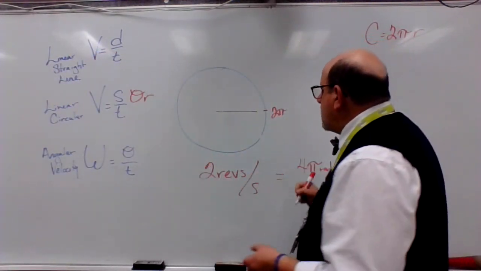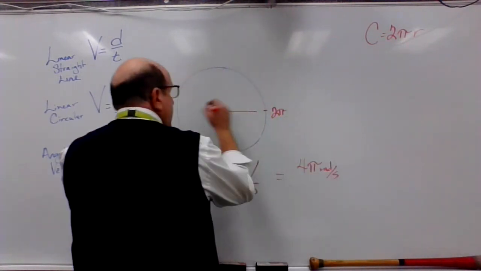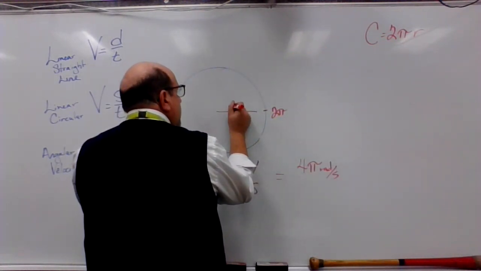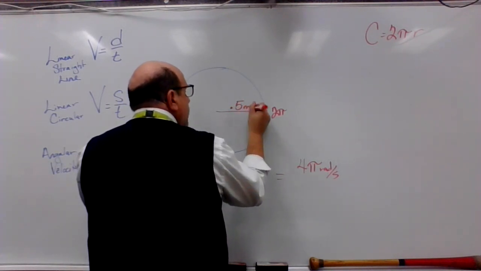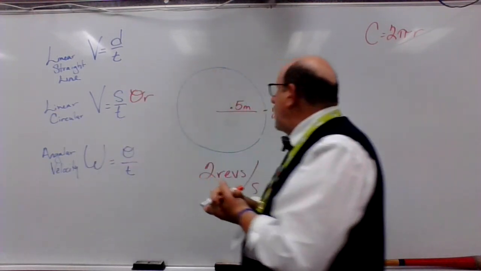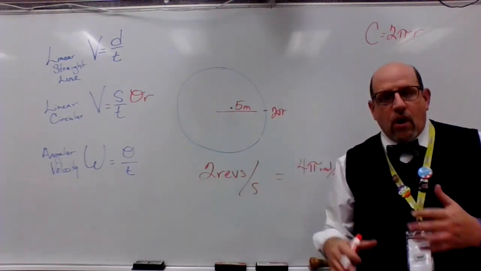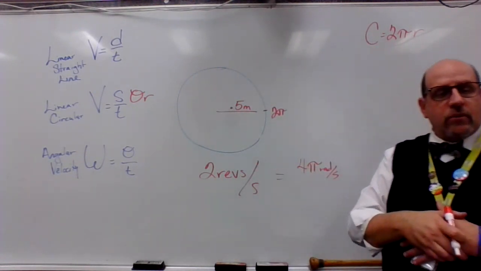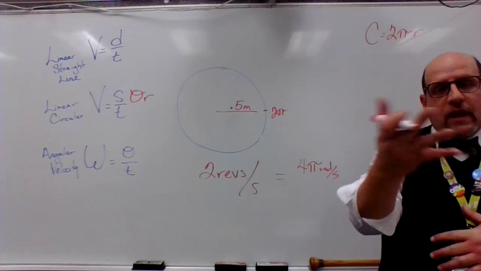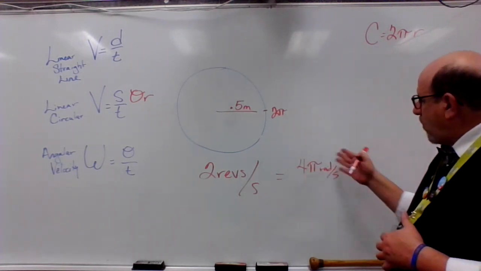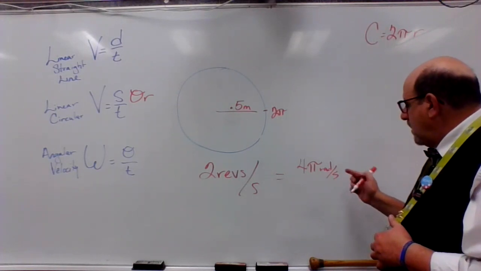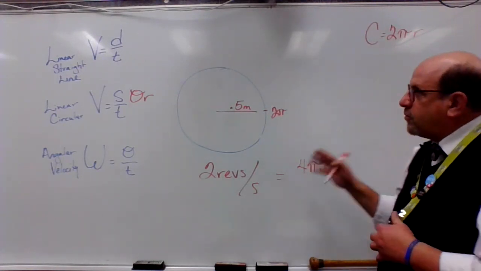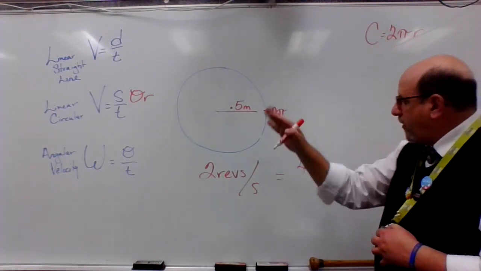And let's just say my wheel is 1 meter across, or half a meter in terms of radius, 0.5 meters. Well, that's going to be great, because if I multiply this 4 pi radians per second by what the radius is, I can find out what my linear speed or linear velocity would be.